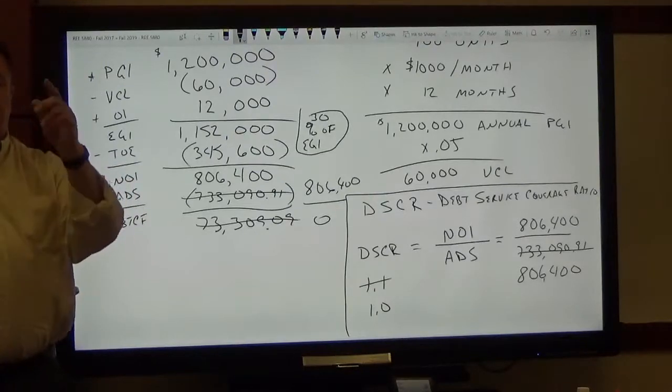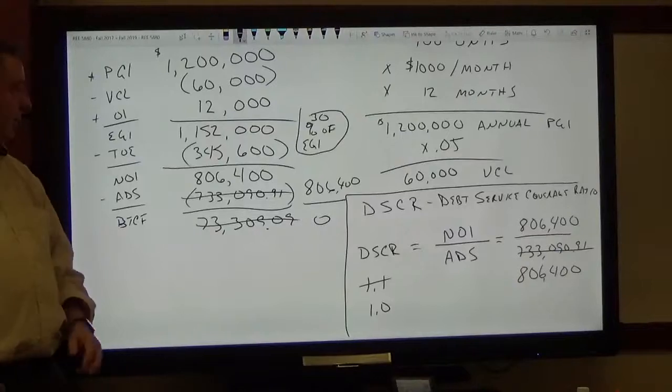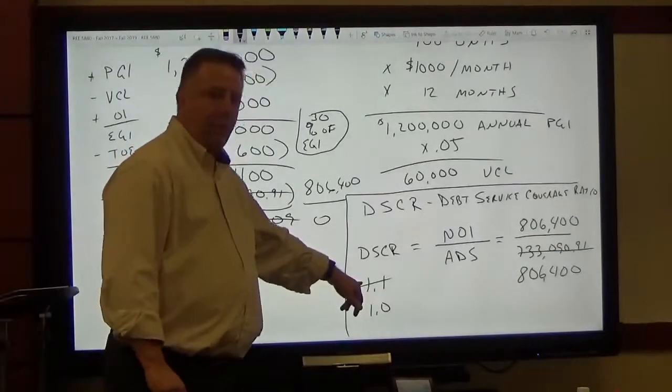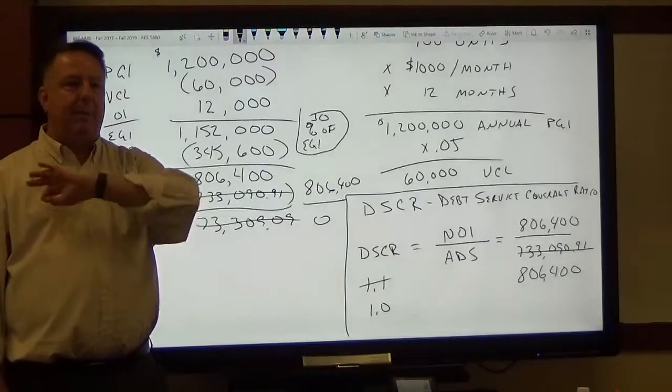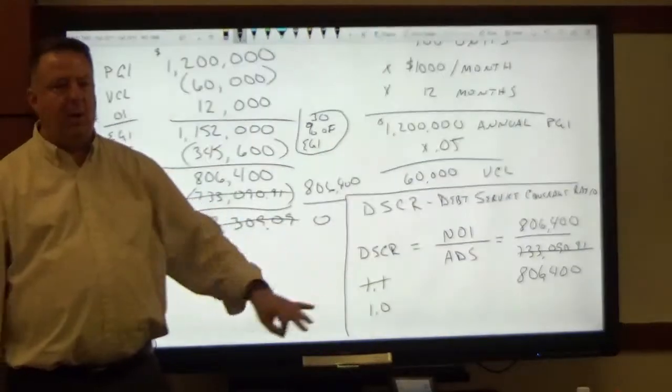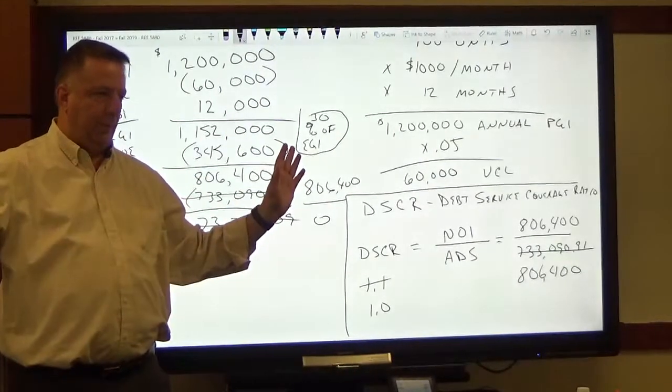Now, as I said, the best case scenario that you're probably ever going to see from a lender is this 1.1. And that's whenever you've got an absolute premium property, premium borrower, premium market, everything could not be better in the world, okay?